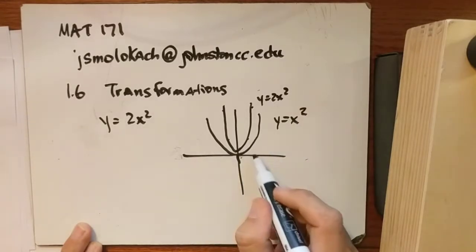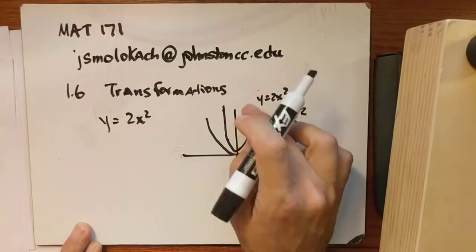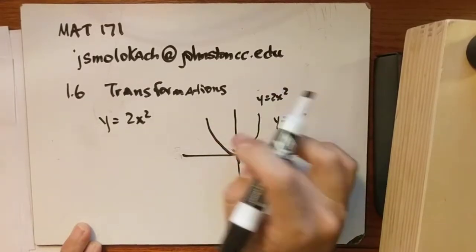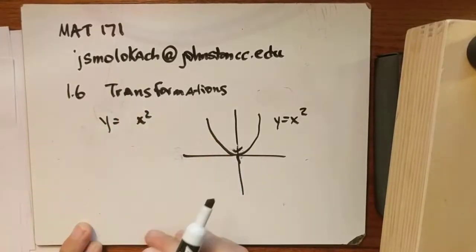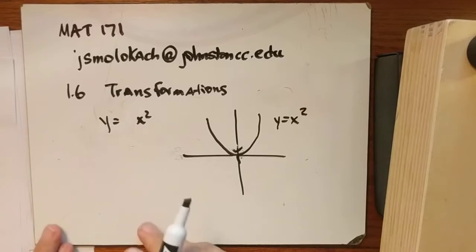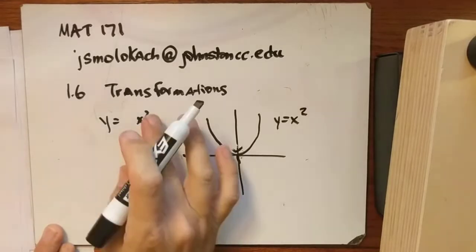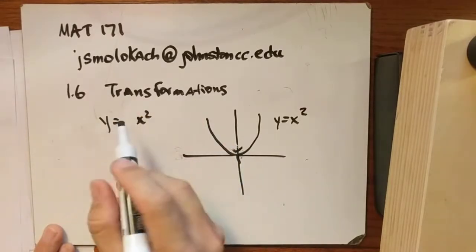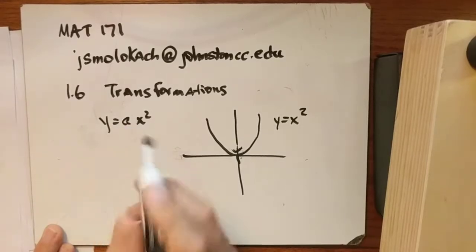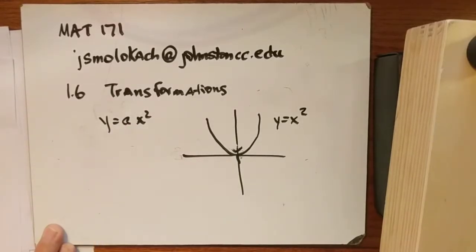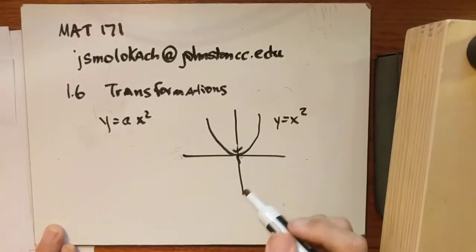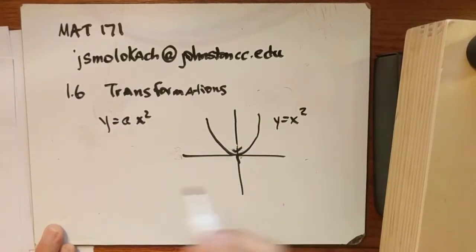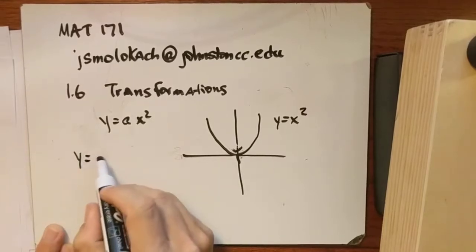All the y values would be cut in half, and it would be sort of compressed. I think that's the right way to describe that. So that's what happens with stretching graphs or reflecting over the x or y axis. Now there is a number here that we call a. With parabolas, the a tells us how stretched out it is, or whether it's reflected over the x-axis.